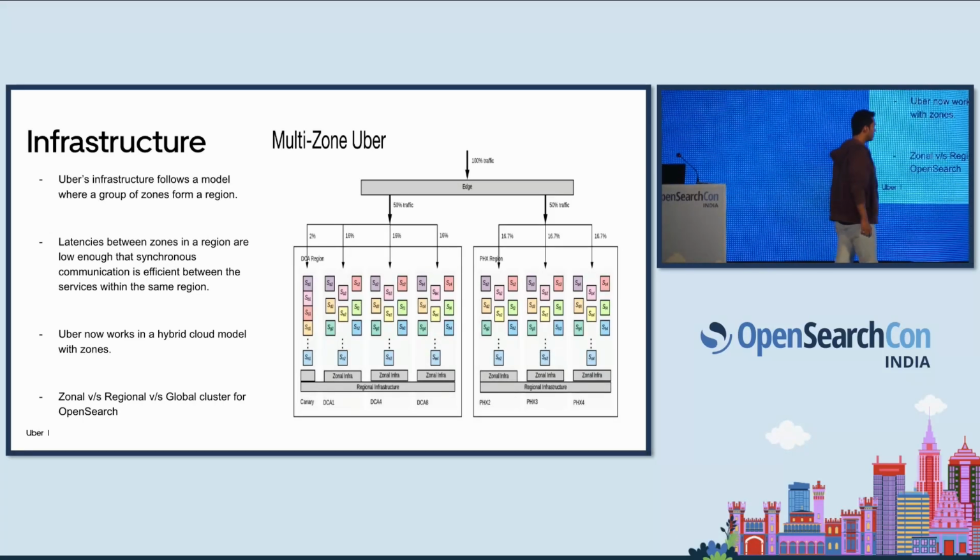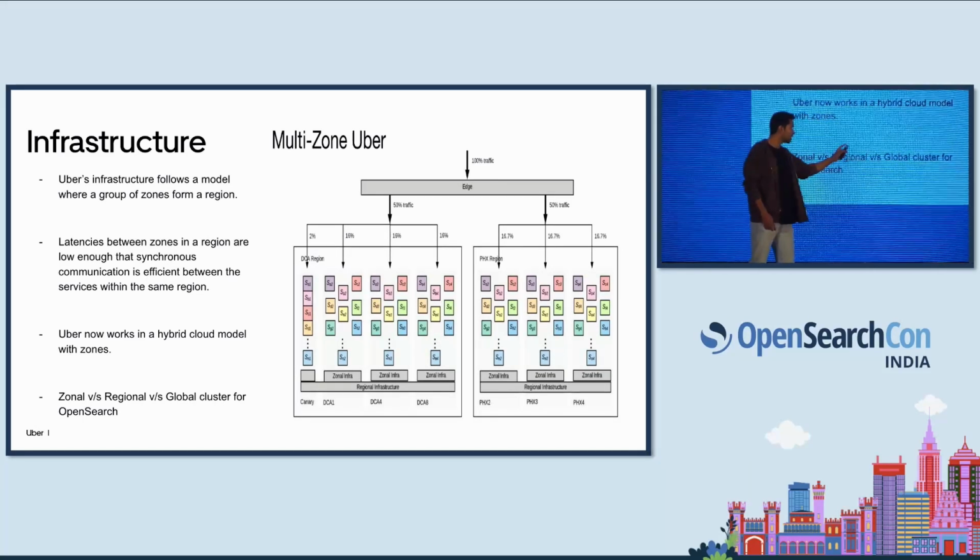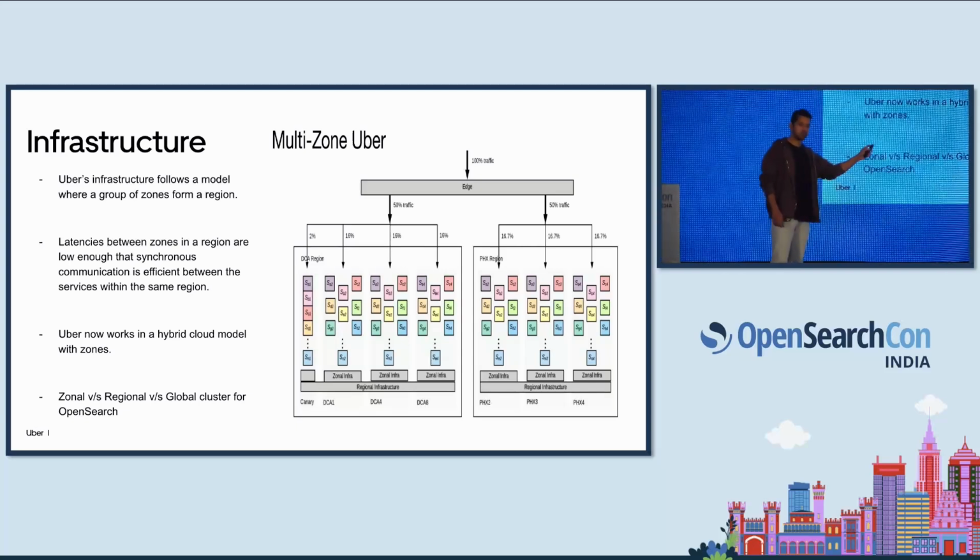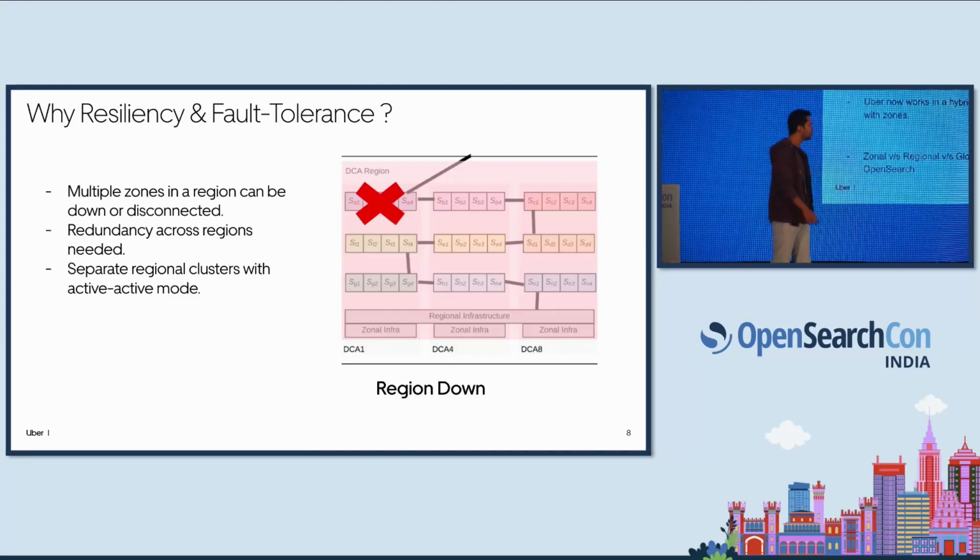So you always want to make sure that your regional infrastructure is sufficiently provisioned so that it can handle the traffic from both the regions in a single region, right? So the way we handle this is by actually deploying an active cluster in both the regions. So this is one dimension of failure.